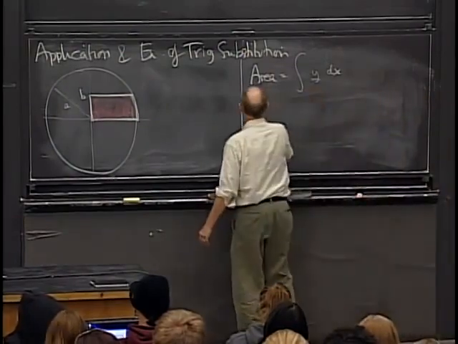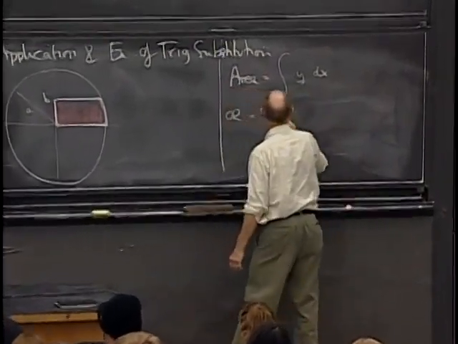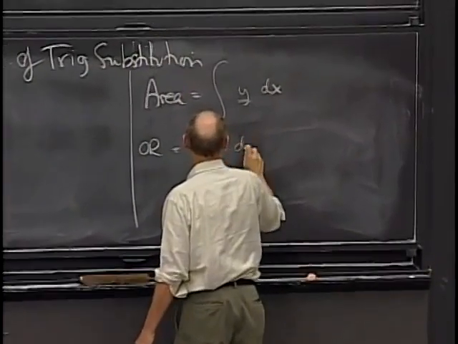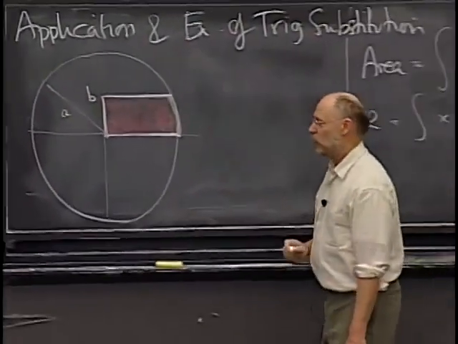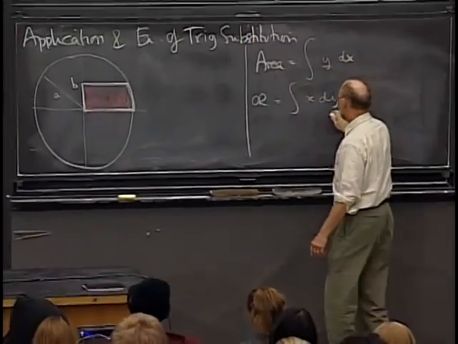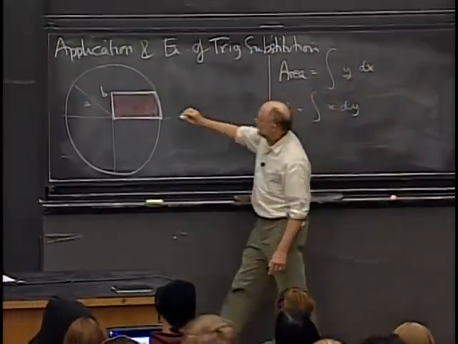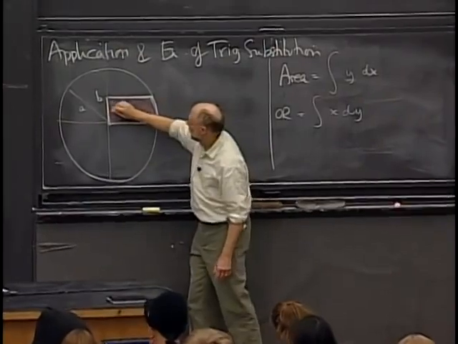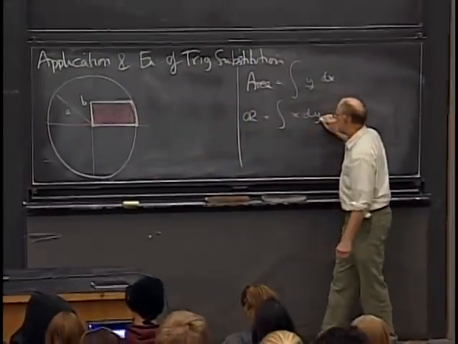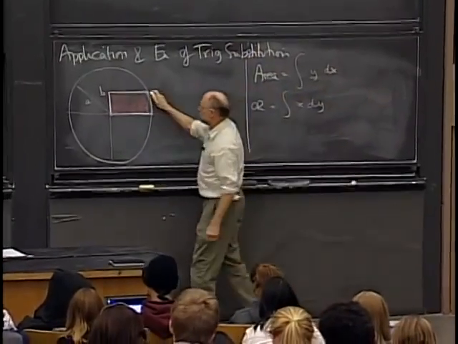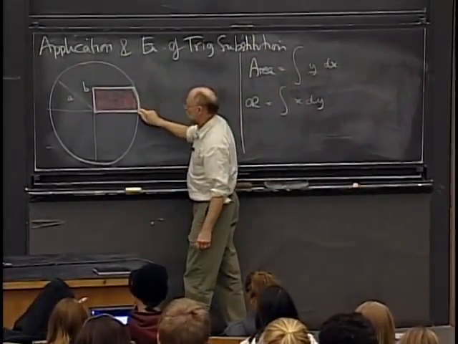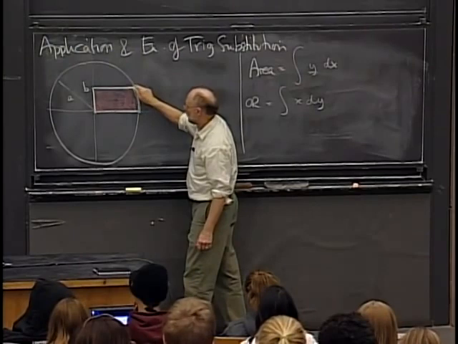So a different way is to say x dy. Maybe that'll work a little bit better, and it's worth trying. I could just as well split this region up into horizontal strips whose width is dy and whose length is x. Now I'm thinking of this as a function of y.